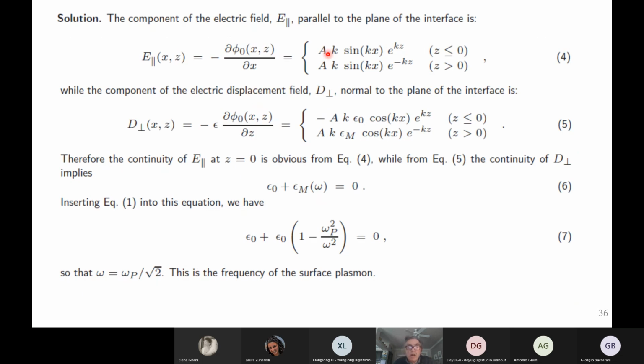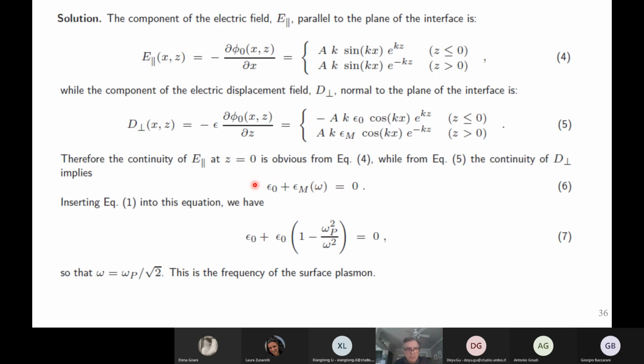We find the boundary conditions for the continuity of the field parallel to the interface and the continuity of the D field perpendicular to the interface, and we find that the solution of this system is permitted only when this object, which we can call the total dielectric function of the system, the dielectric function of vacuum, whatever we have on top, plus the dielectric function of the metal, is equal to 0.